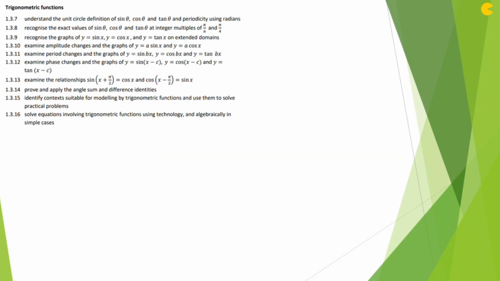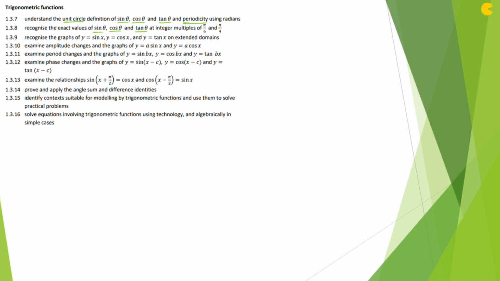So in this video, we've gone over the unit circle definition of sine, cosine, and tan. A second time, we looked at the concept of periodicity using radians. I introduced that more in the context of graphing, but we did cover that one. We had a look at exact values of sine, cosine, and tan using our special triangles, and we had a look at how we could use those triangles to extend that to angles larger than 90 degrees or less than 90 degrees as well.